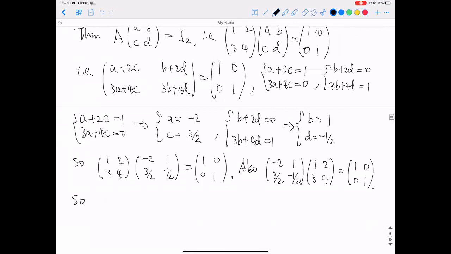So indeed, A inverse exists in this case, and it is equal to that.